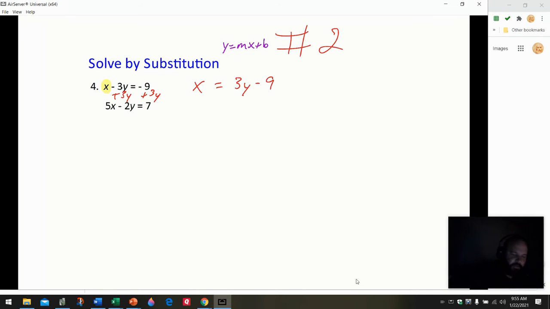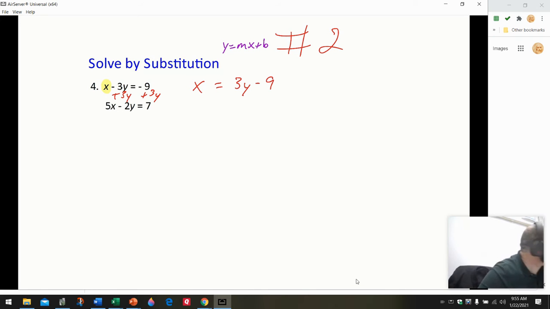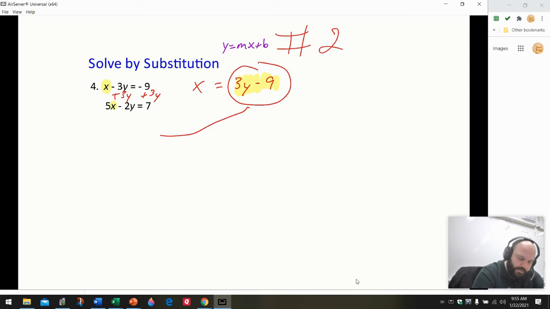Okay, so we have now solved for x, and once I've solved for x, I can take this bit, x equals 3y minus 9, and I'm going to put it right in there in the other equation, in for x. So this whole part right here is going to get substituted into the other equation for x. And so let's do that.